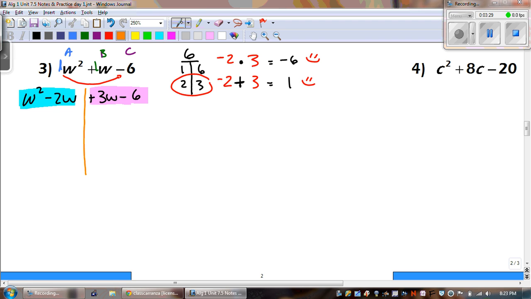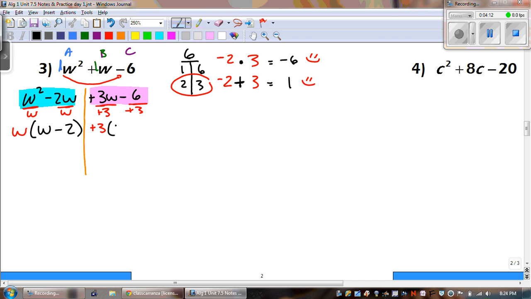So looking at the blue, what's the GCF of the blue? Well, I can take out a w. So the w comes out front. W squared divided by w is w. 2w divided by w is -2. And now on the back, the GCF of 3w and -6 is 3, and it's a +3. The reason why I emphasize that it's a +3 is we're going to need that in just a second.